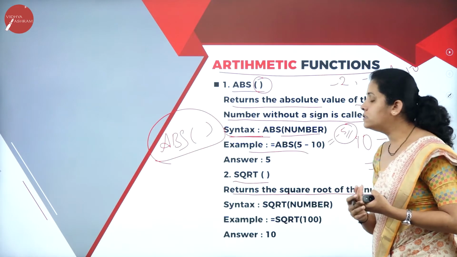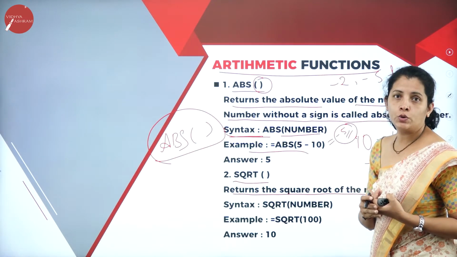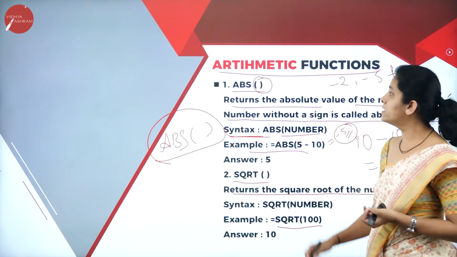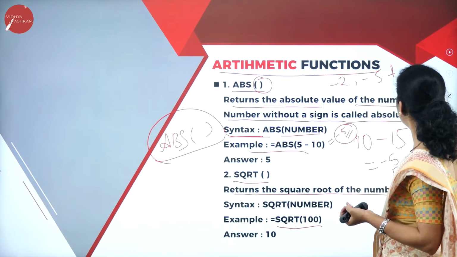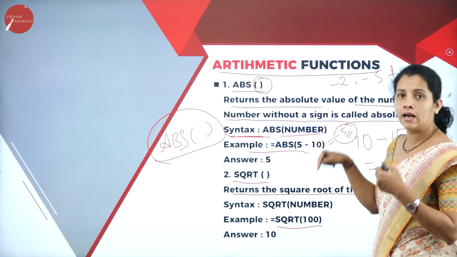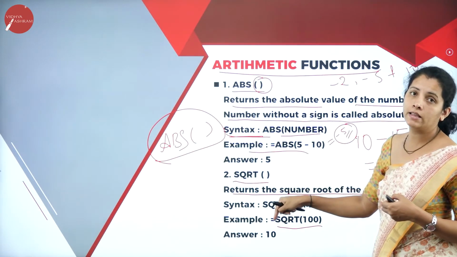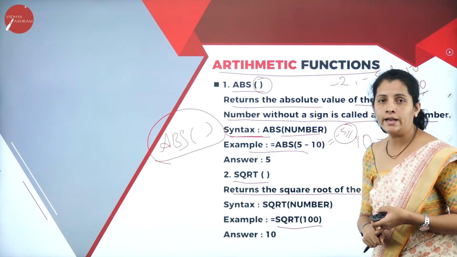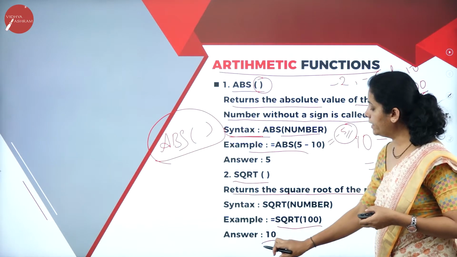And what is the example? That is square root of 100. That means I want to find the square root of 100. I'm going to place that number 100 inside the square root function. And what is the output? That is nothing but 10.